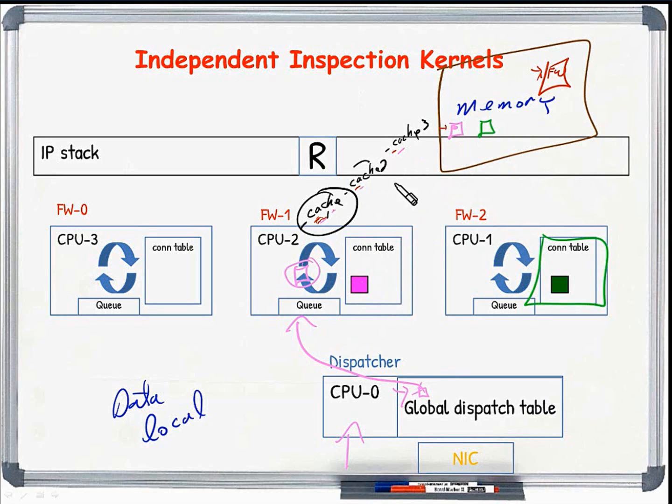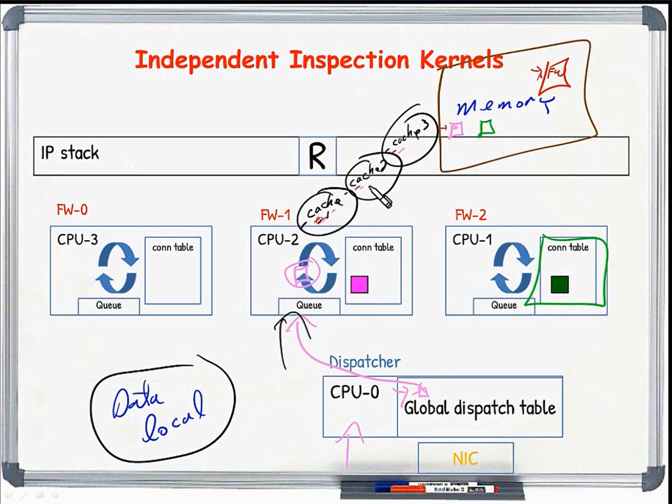It doesn't have to go to the memory, so finding things in cache is a lot faster than actually going to memory. So you have performance improvements by using cache. And so data locality in essence means to keep the same connections going to the same CPU, so we can take advantage of the data that's local in those CPUs' caches.